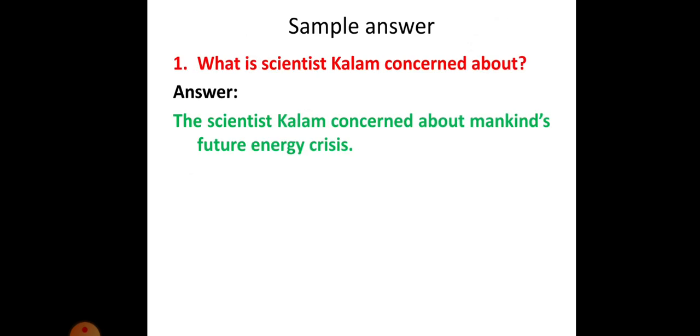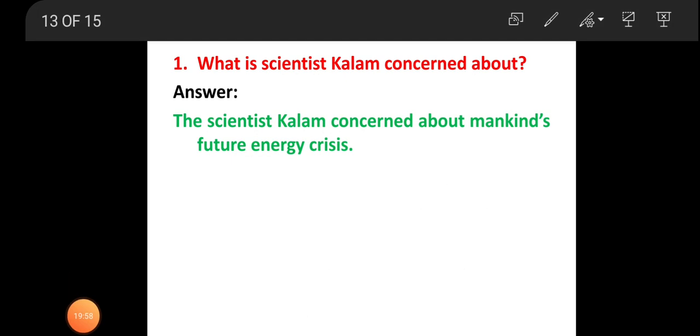Here is the question from the next page, and I want to give you a sample question. I just picked this question from the text, page 144, question number 1. What is scientist Kalam concerned about? The scientist Kalam is concerned about mankind's future energy crisis.